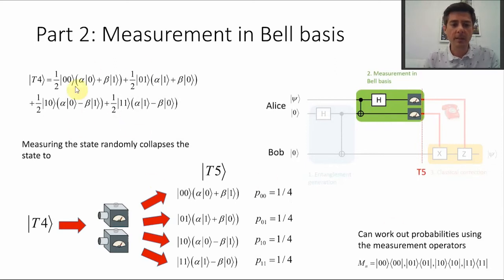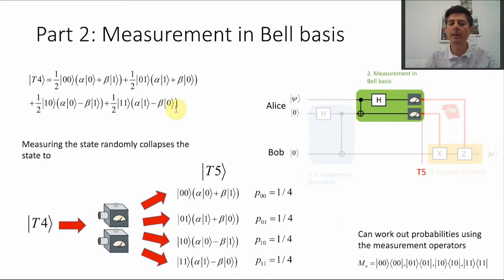So I just copied that equation on the last slide there, just over here. This is the same state. And doing that measurement will randomly collapse the state to one of these 4 terms here. So either this one, this one, this one, or this one.